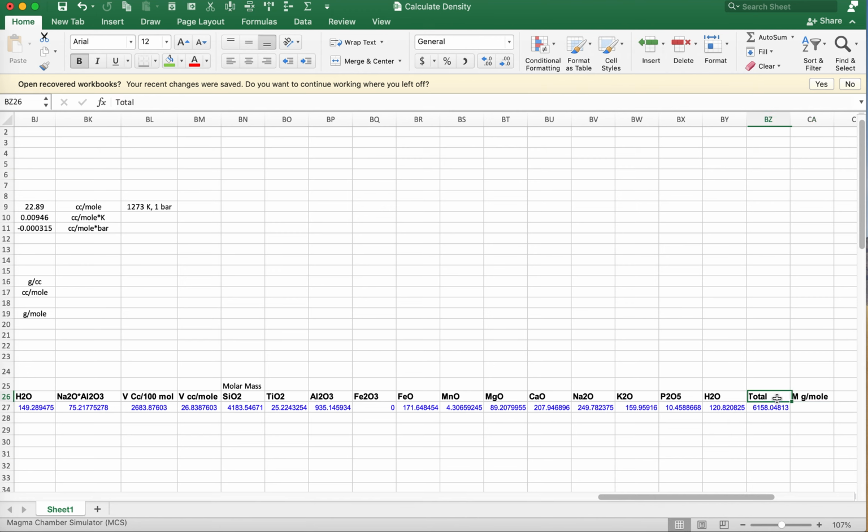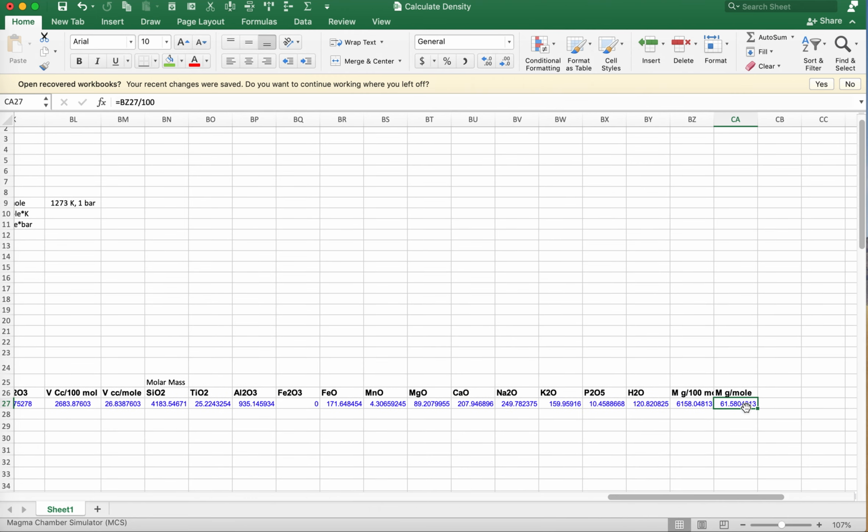So this total here, we'll just change it to m. This is grams per 100 moles. And we just want grams per mole, so we'll take that divided by 100. So that is 61 grams per mole. And then for the density, we can simply take the molar mass, divide it by the volume, and we have grams per cubic centimeter.